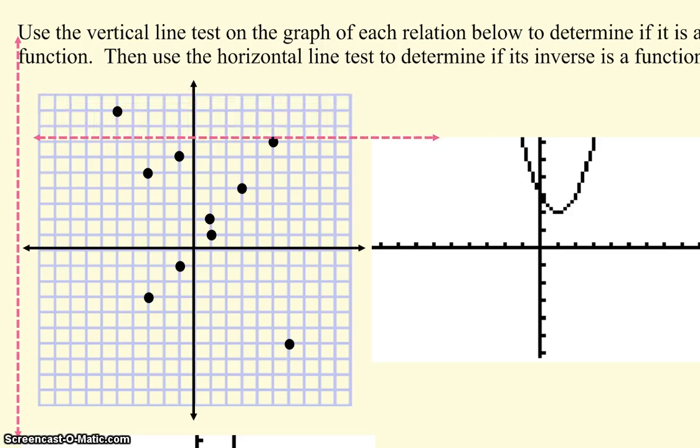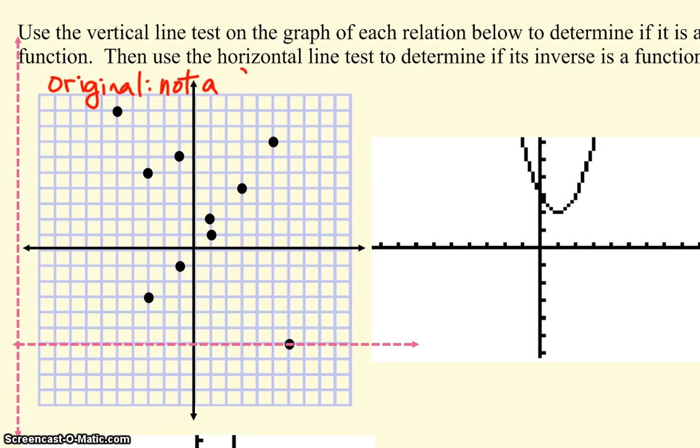And as I do the horizontal line test, I can see that nowhere on this graph are there 2 points on the same horizontal line. Therefore, the inverse is a function, the original is not. Original, not a function. The inverse is a function.